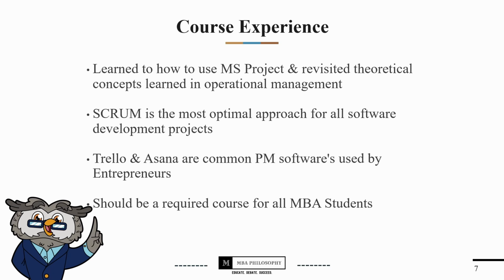The ones I personally use for my businesses, like software, is Trello and Asana. They're just common project manager software used by entrepreneurs. And this should be a required course for all MBA students because it's good to be organized for your whole MBA program or any simple home project or anything you can think of, basically.